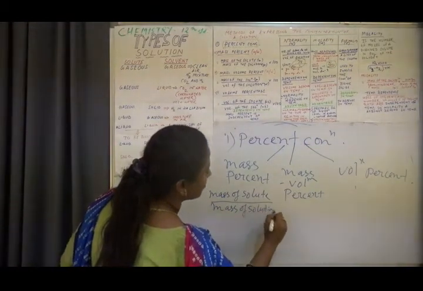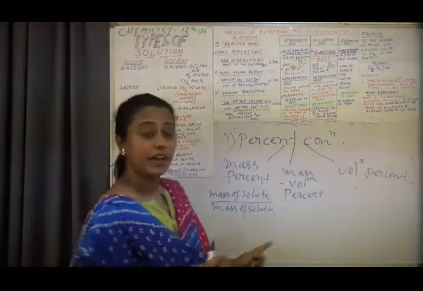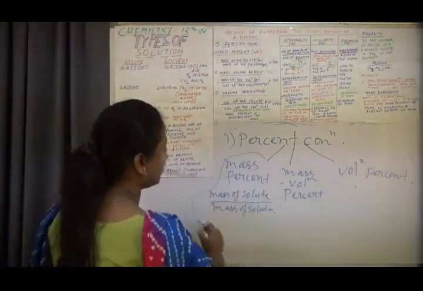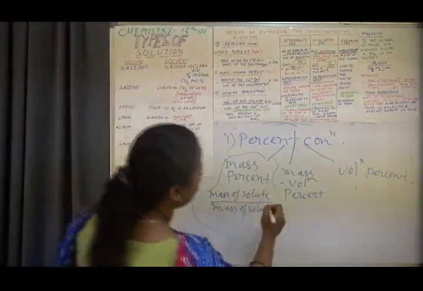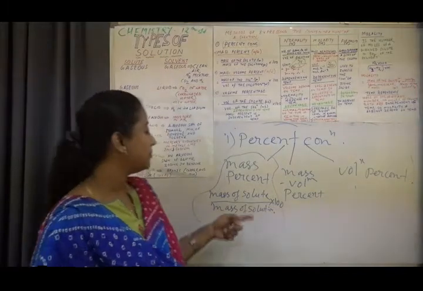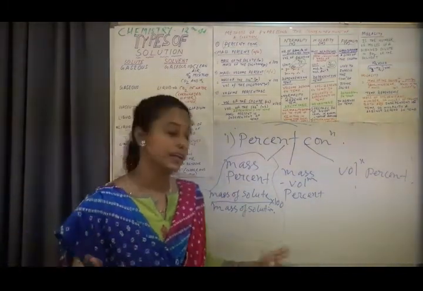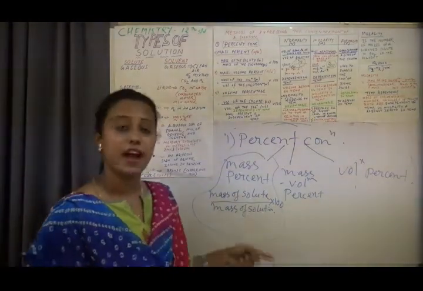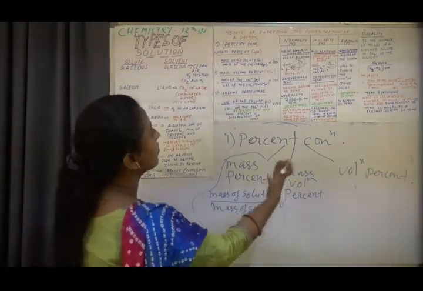We know that in a solution, solute and solvent are there. So how to find out the mass percentage? We have to find it by this formula times 100. As we are finding the percentage, we have to multiply with 100. So in mass percentage, mass of the solute divided by mass of the solution into 100.